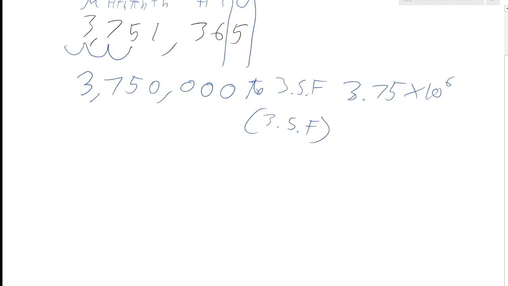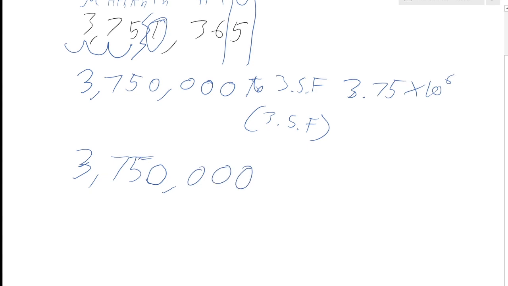At that point, everything to the left of that jagged line we're going to take, and we keep the position. What we do next is we look at the next number and we see, is that 5 or more? In this case it's a 1, so it's not. So we don't have to do anything else at this point. We can just replace everything else in our number with zeros. And that's how we get 3,750,000.